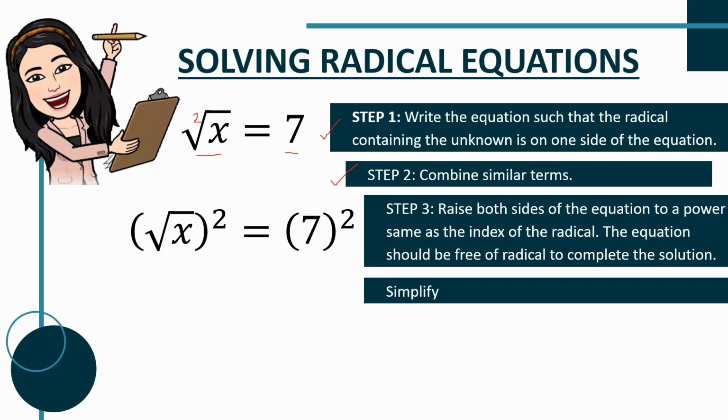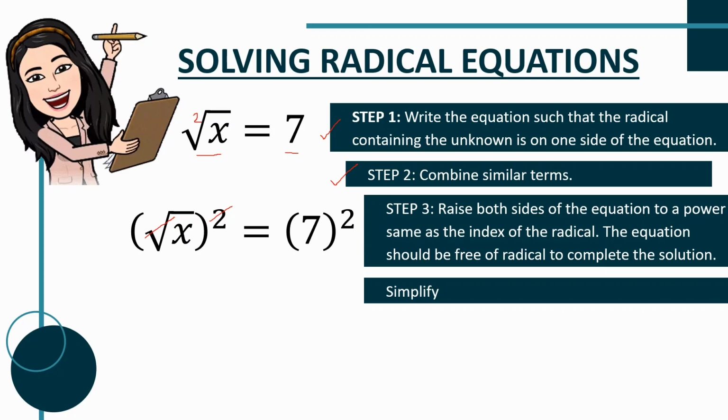Simplify natin. What is square root of x raised to the power of 2? Okay, what is the answer? If you remember, if the root is raised to the power of the index, so therefore, pwede na natin yang makancel. So therefore, what is square root of x raised to the power of 2?